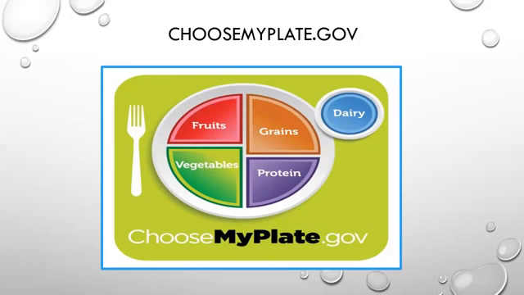The MyPlate website promotes healthy nutrition based on those USDA dietary guidelines for Americans, including food choices and variety, portion size, activity, and tools for a successful nutritional lifestyle. There's also a MyPlate for older adults, and one translated in Spanish as well.